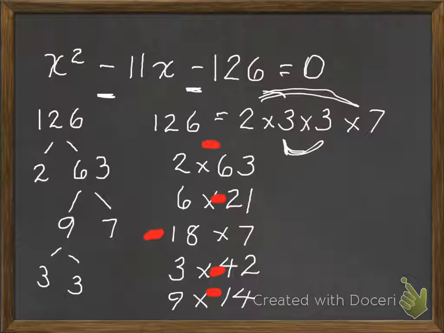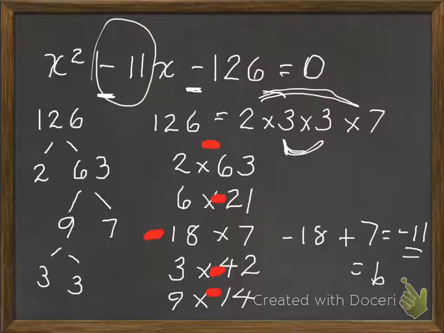Well, let's take a look at this one. Negative 18 plus 7. 18 minus 7 is 11, but the bigger number is negative, so this is negative 11. And that is our B. That is the B that we're looking for here.